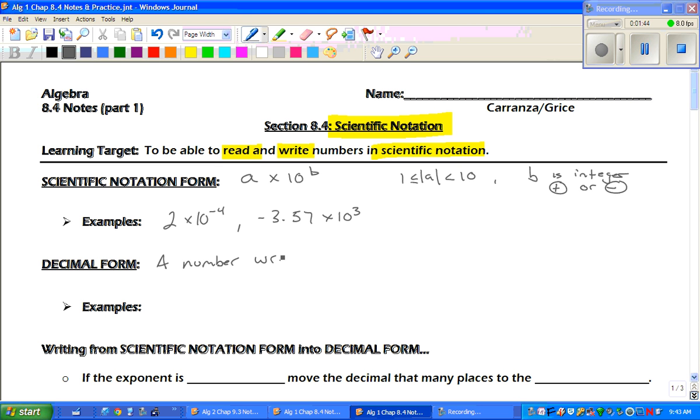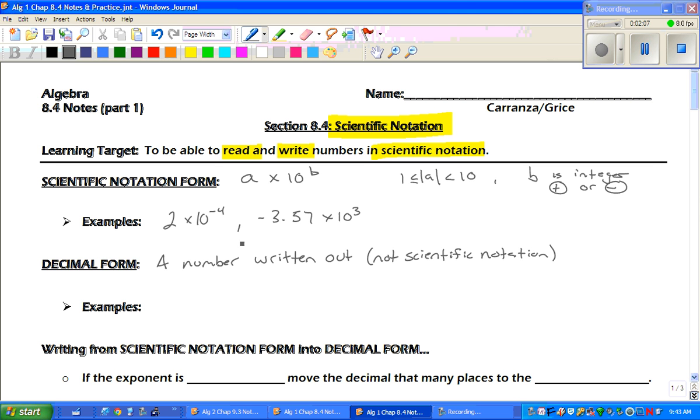Now, decimal form is a number written out. The key thing is that it's not scientific notation. A lot of the numbers that we write, all of them, are in decimal form. Every single number. If it's not in scientific notation, it's in decimal form.